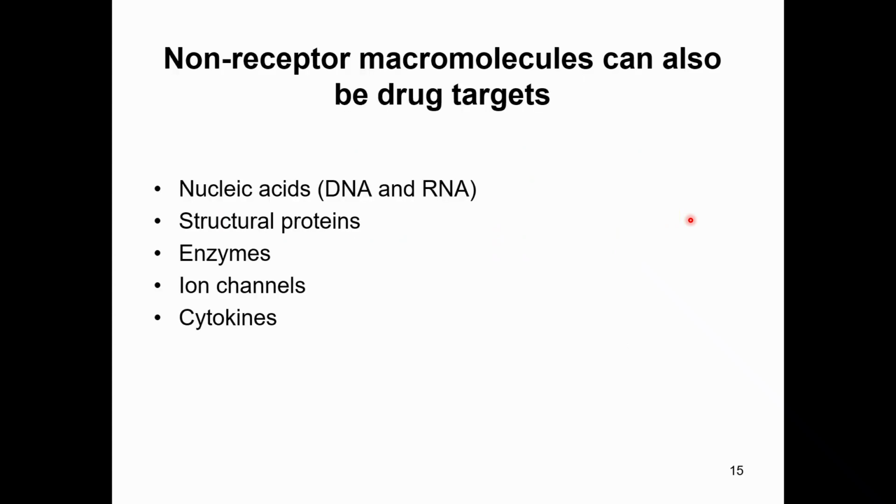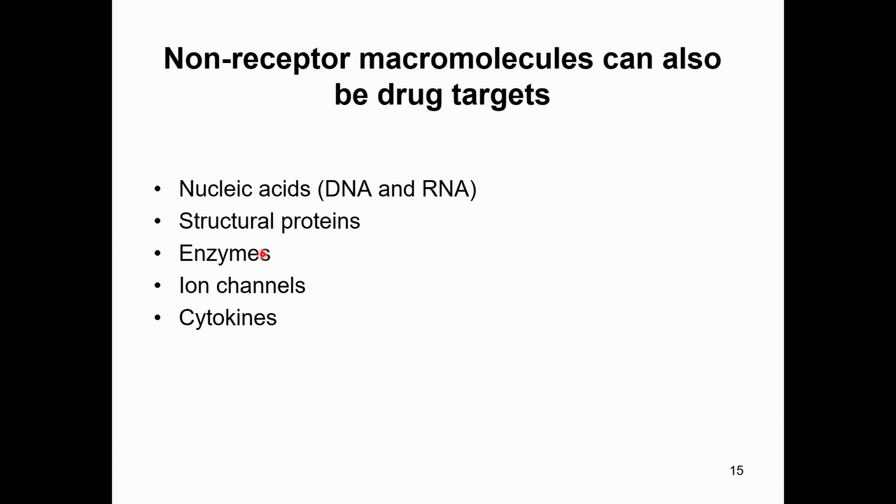So, I talked about receptors just now, but there are also a lot of non-receptor drug targets. Nucleic acids, some drugs target DNA and RNA directly. Some drugs can target structural proteins, things like tubulin, actin, that type of thing. Some drugs can target enzymes, the proteins that actually do chemical reactions, right?